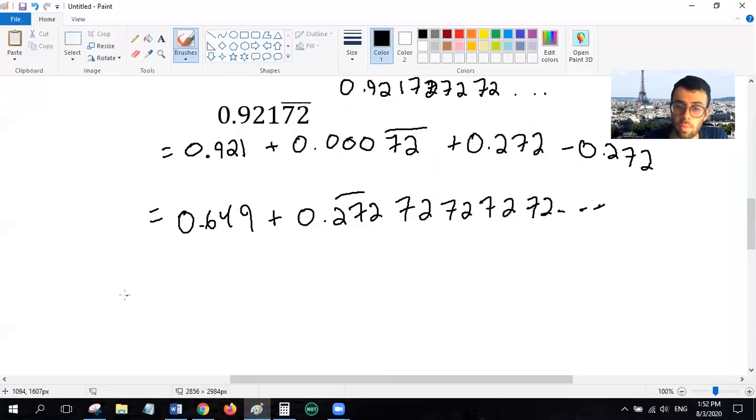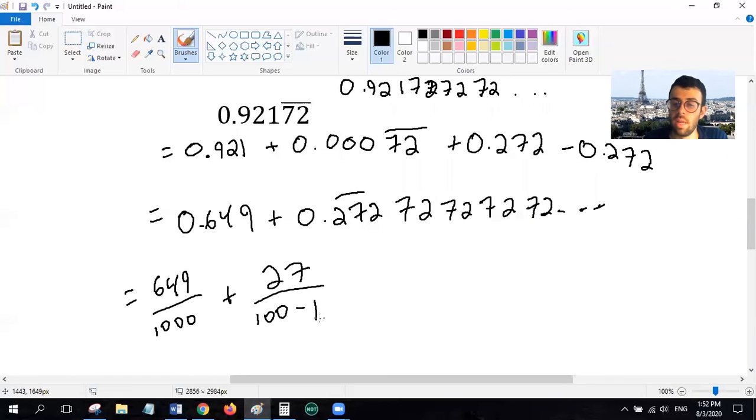And now I'm going to change this to a fraction, 649 out of 1,000, since we're in the thousandths place. This one is 0.27272727, plus 27 over 100 minus 1, since first I ignore the bar and then I add the bar back in by subtracting 1 on the denominator.